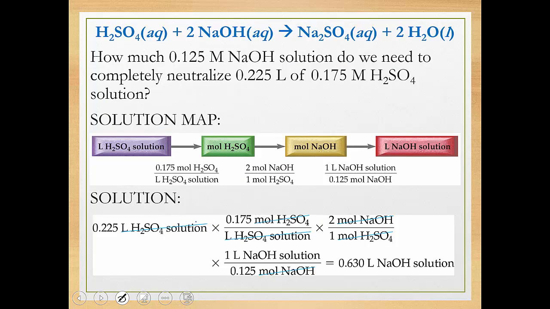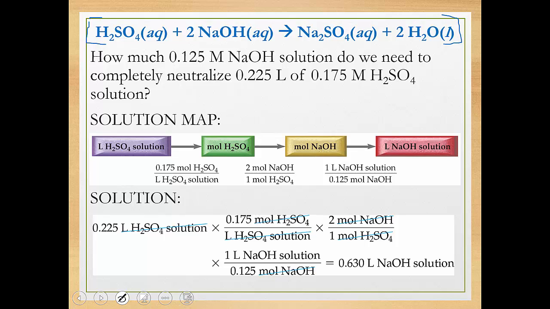Looking at an example of this, here's my balanced equation: H2SO4 in aqueous solution, so sulfuric acid, plus 2 moles of sodium hydroxide in aqueous solution yields 1 mole of sodium sulfate and 2 moles of water.